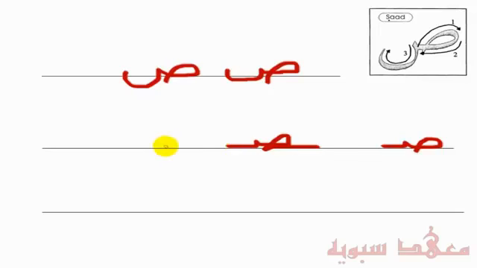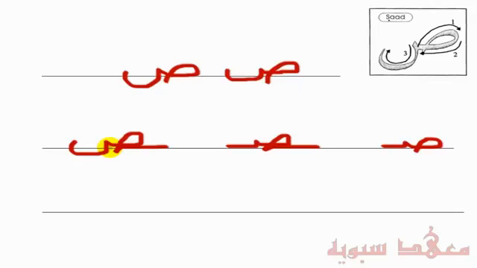And finally, the end form, which is as follows. So you have the letter, go a bit further down, go down, come like that, and then you go down a bit. So it goes more down, similar to the isolated forms. Maybe this should go a bit further down like this.